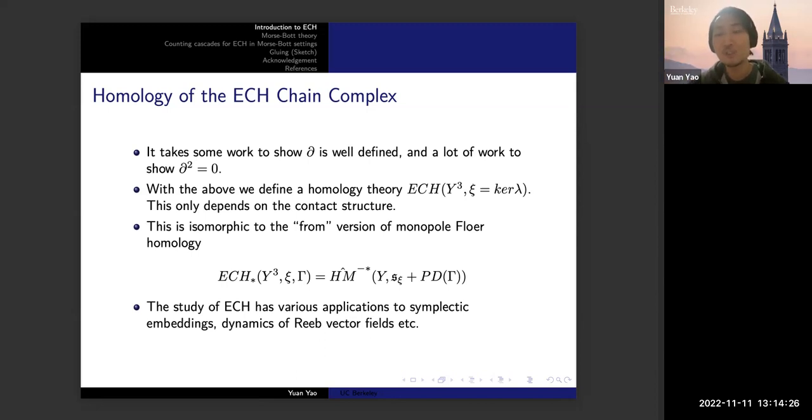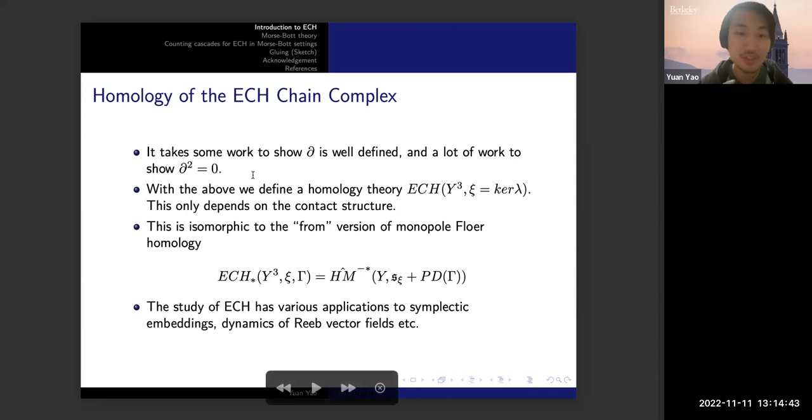As I said earlier, you can have two ends converging to an orbit set, or you can have one end converge to the same orbit set. So these don't always match, and you have to glue some branched cover trivial cylinders to make the gluing work. That's where a lot of work goes in.